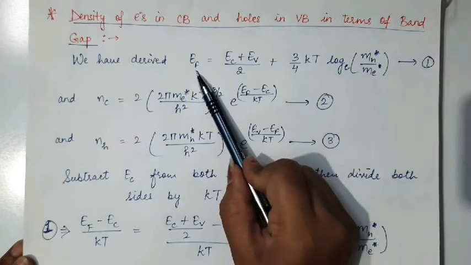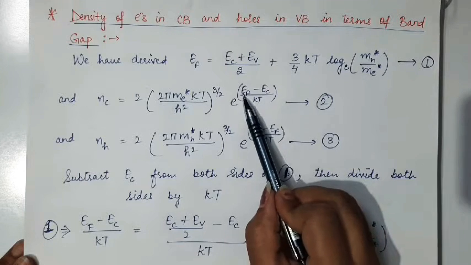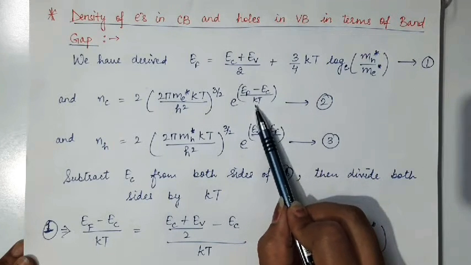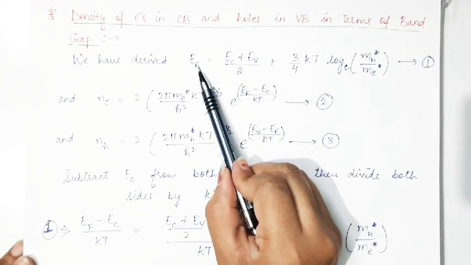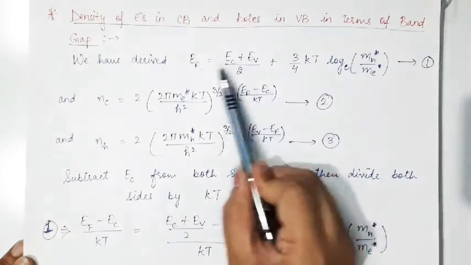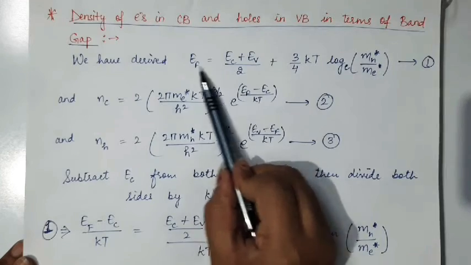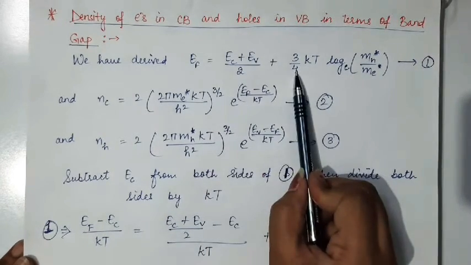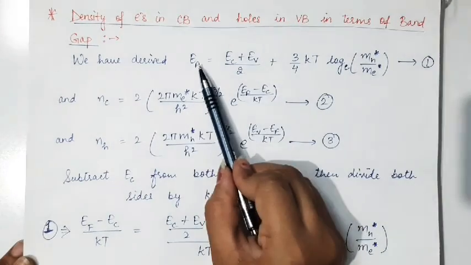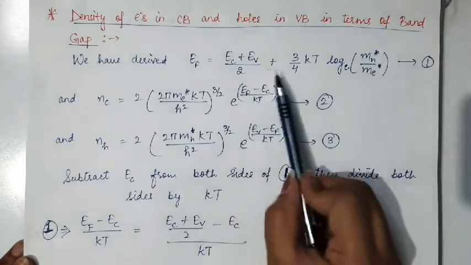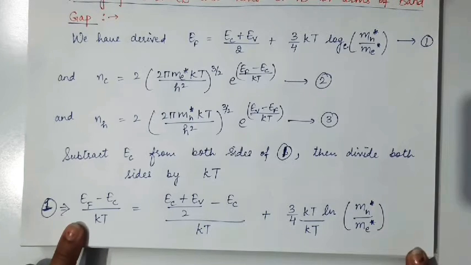We will use this EF. As we know, in this term of NC, we have EF minus EC by KT. So from this equation 1, we will subtract EC on both sides, so we will get EF minus EC here. After that, we need EF minus EC by KT, so we will divide this equation by KT on both sides, and we will get the value for EF minus EC by KT.